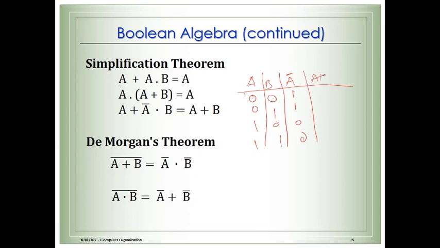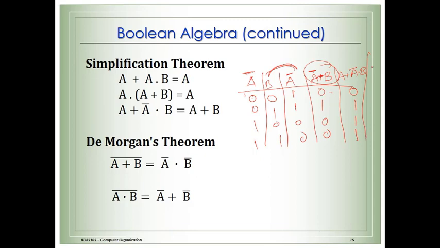First go and perform A bar AND B. So what will be this one? 0, then 1, then 0, then 0, right? Then perform A OR (A not AND B), means this one and this value. Perform the OR operation between these two values. So you will get 0, then 1, then 1, then 1, right?